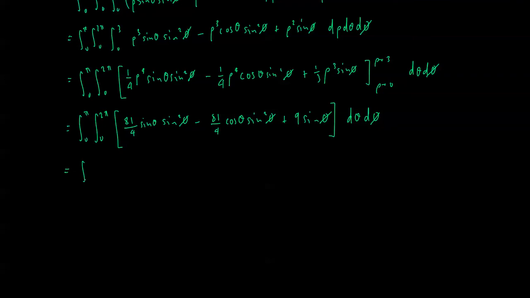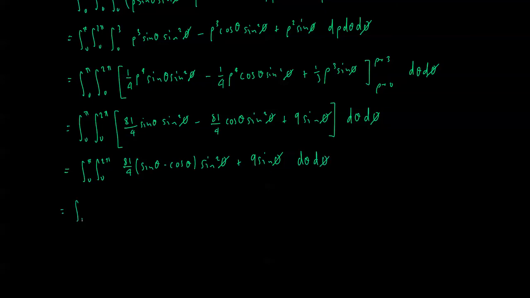So it's equal to the integral from 0 to pi, 0 to 2 pi. There's a nice common factor here: 81 on 4 times sine theta minus cosine theta, times sine squared phi, plus 9 sine phi, d theta d phi.